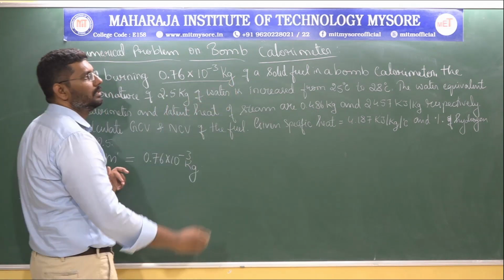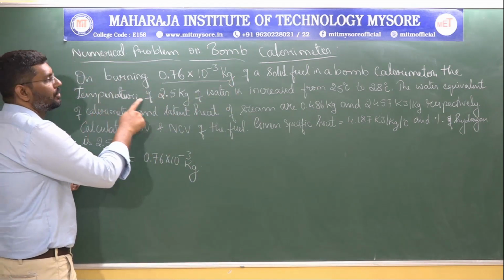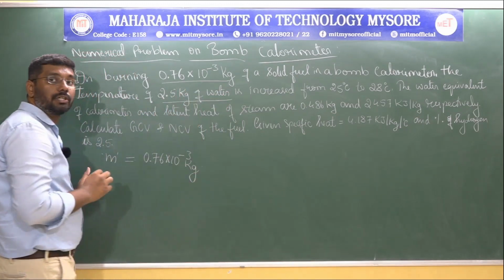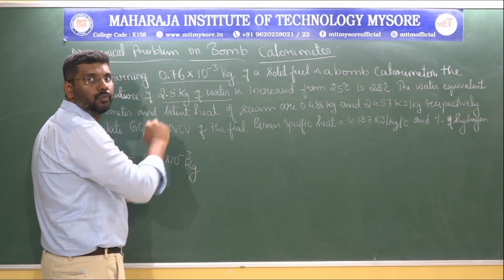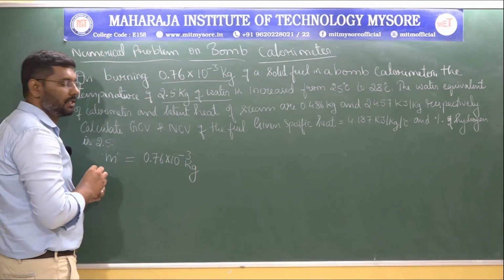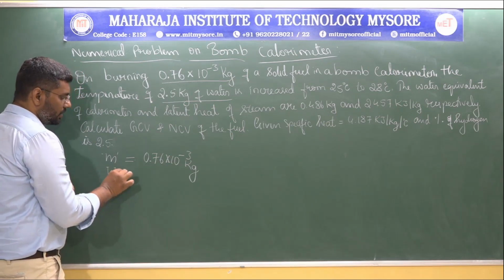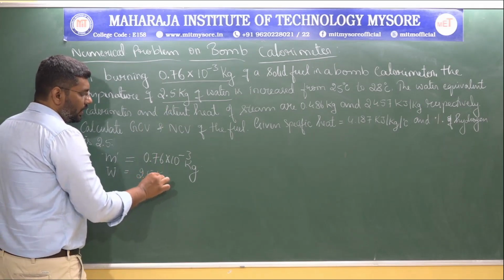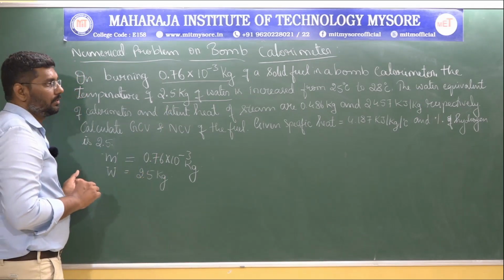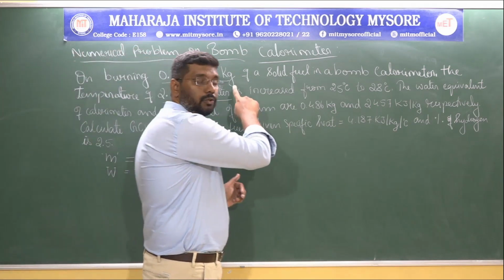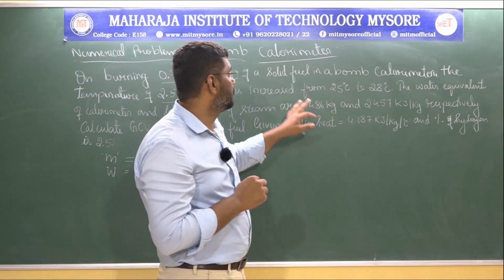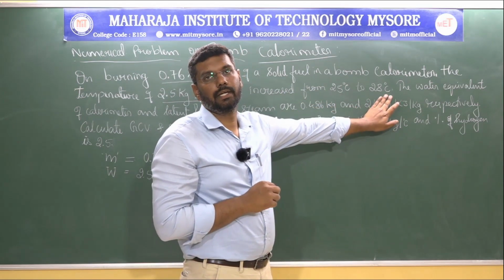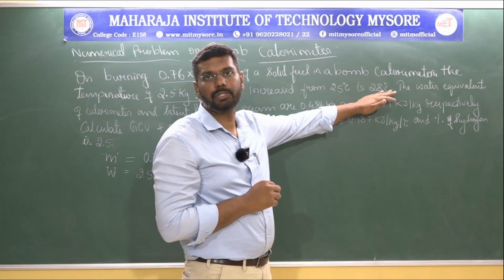Next, what he has given: after burning, the temperature of 2.5 kg of water. So he has given the weight of the water taken inside the bomb calorimeter, which is expressed as capital W, that is weight of the water is 2.5 kg. Next, the temperature of the 2.5 kg of water is increased from 25 degrees centigrade to 28 degrees centigrade, so there is a rise in temperature during the combustion process.